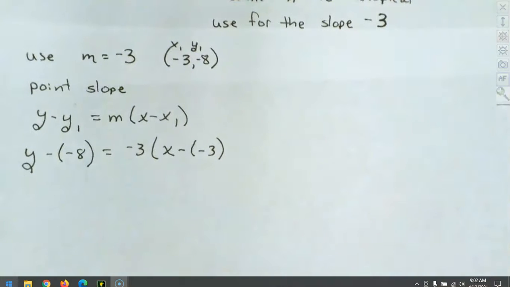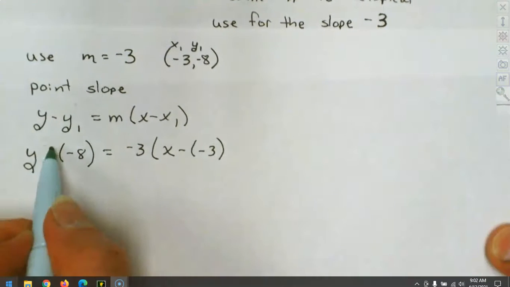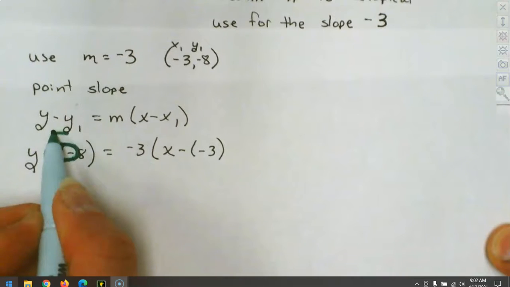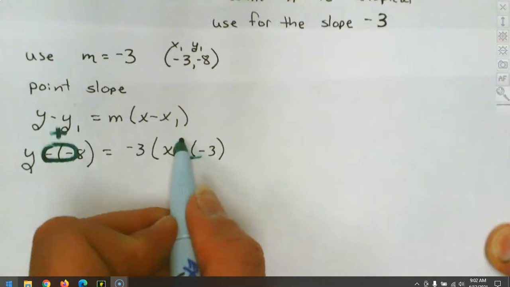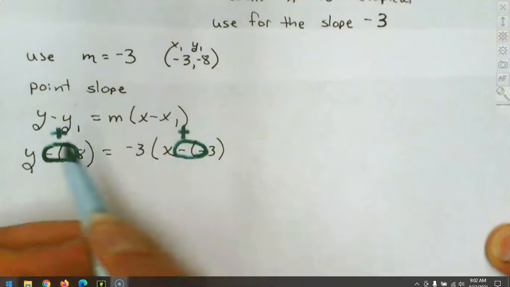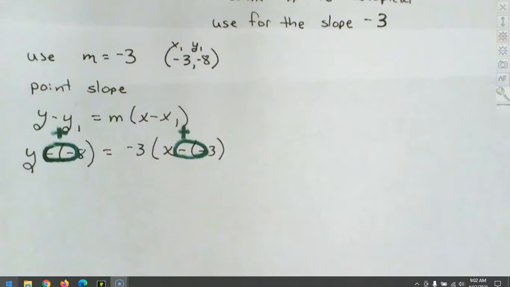And again, be very, very careful with those double negatives because those double negatives are going to make it positive here and over here as well. Distribute through, and then we have to write our answer in both slope-intercept and standard form.